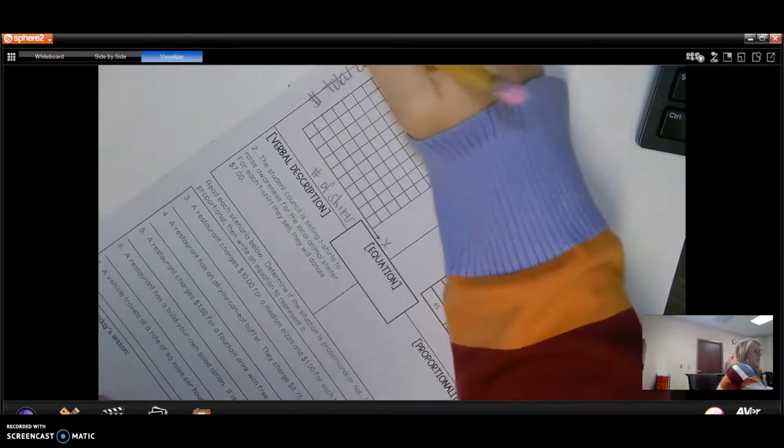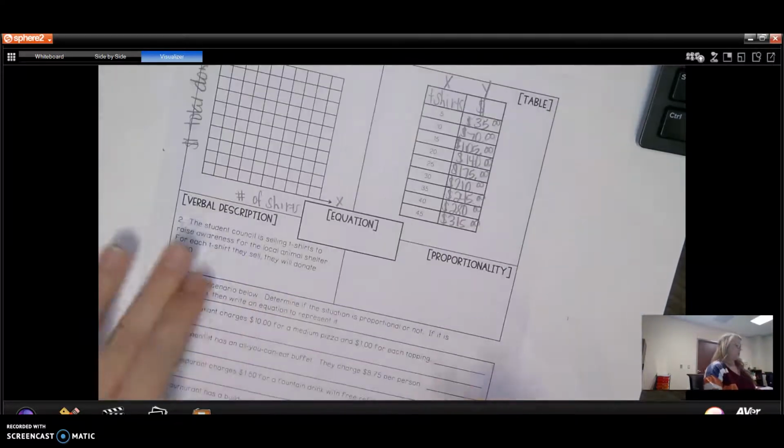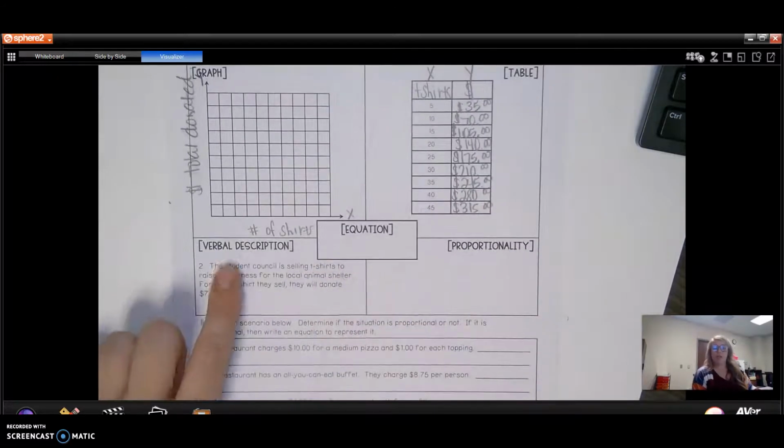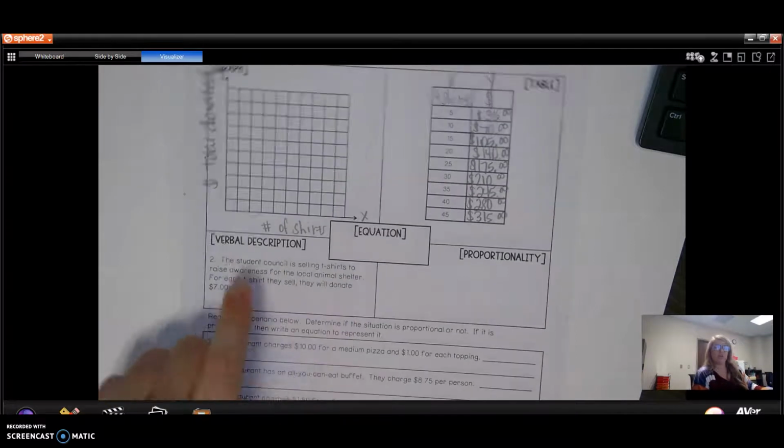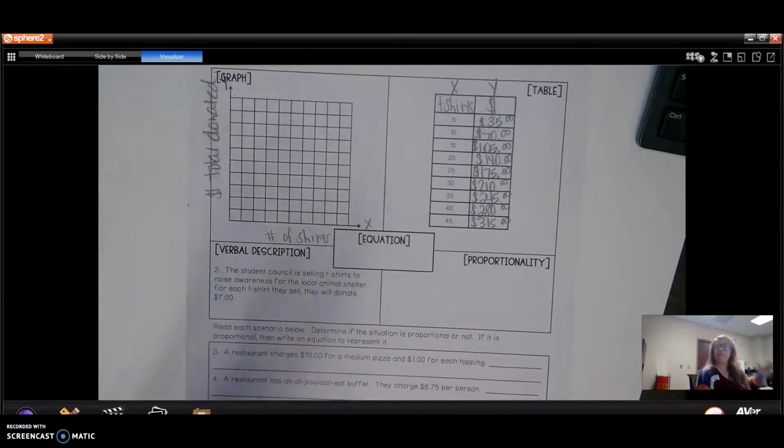The total donated. Let's put that because that's what goes with our situation. Our situation said that they are raising awareness for the animal shelter and they will donate $7. So this is the total amount of money donated.